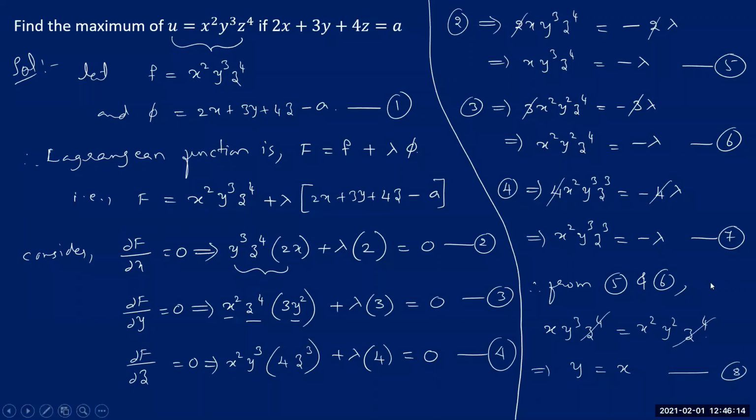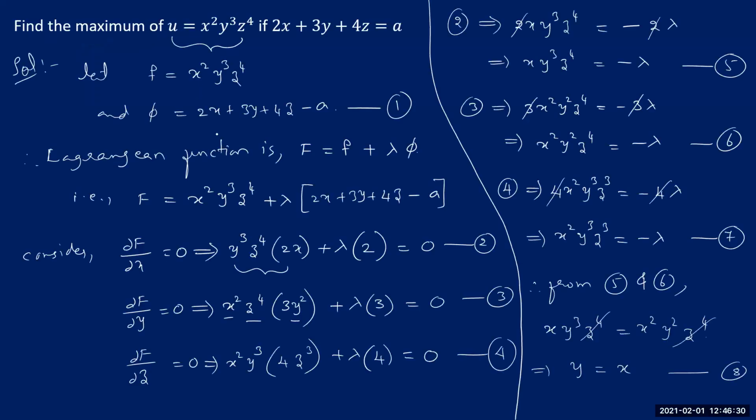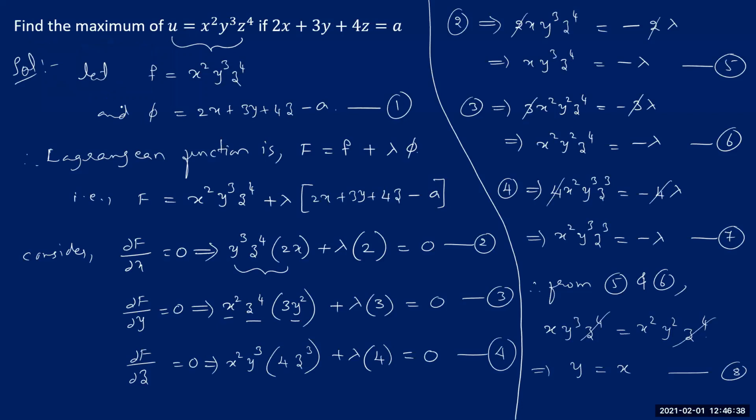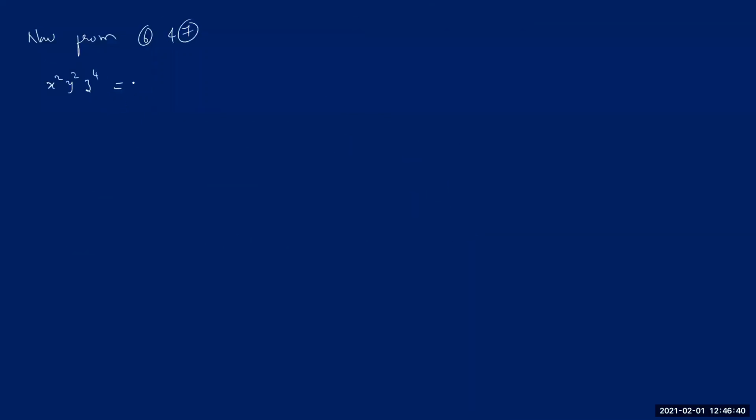Now let us take the combination of equation 6 and equation 7. I'm just writing the left hand sides: x square y square z power 4 is equal to, in 7, x square y cube z cube.